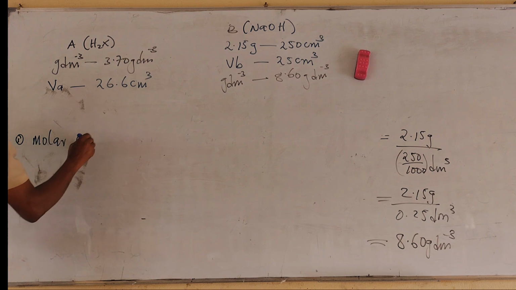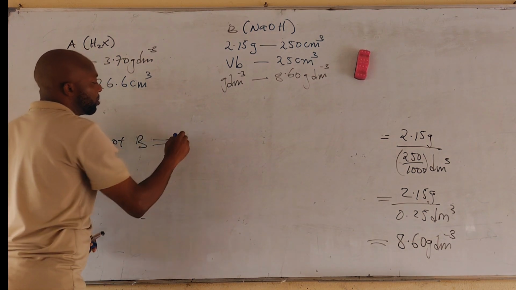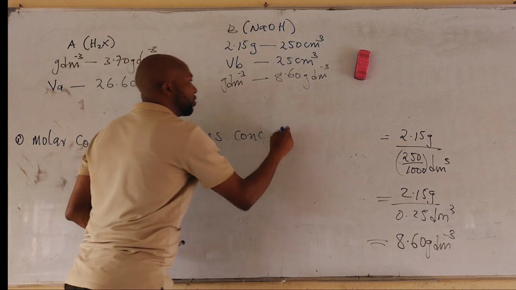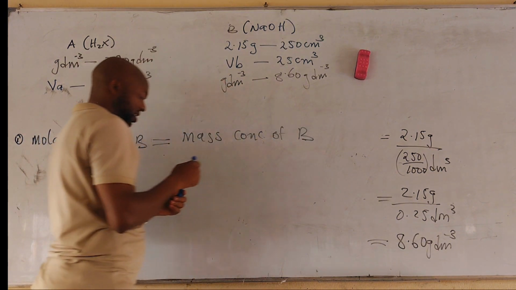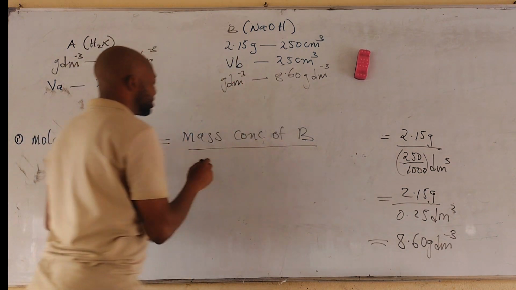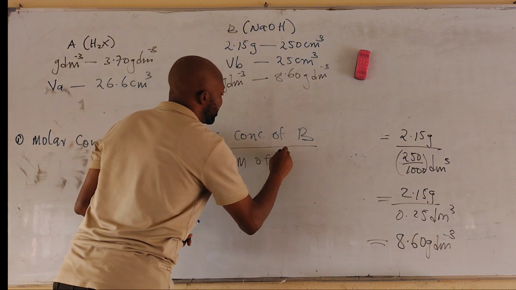Molar con of B is equal to mass con of B over the relative molecular mass of B.